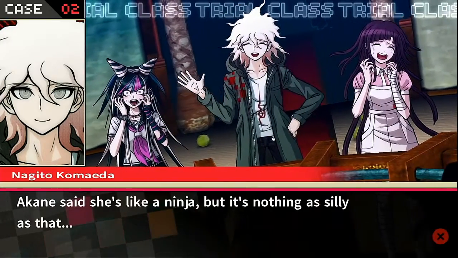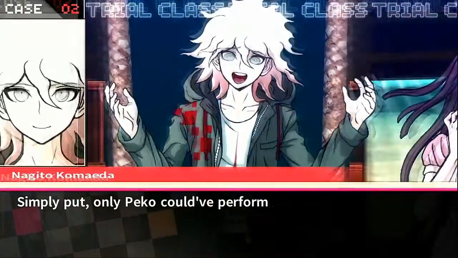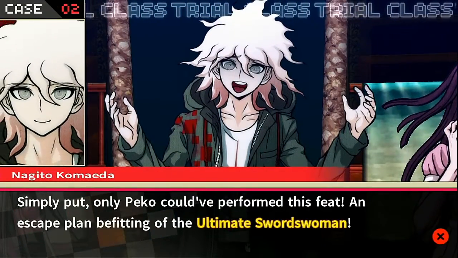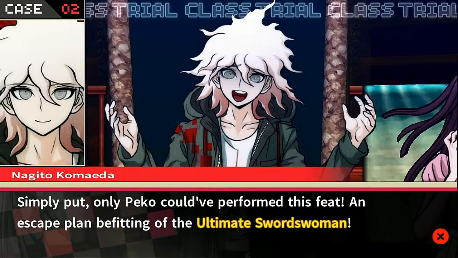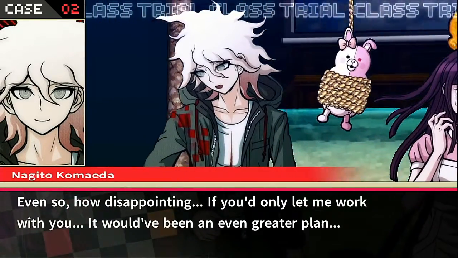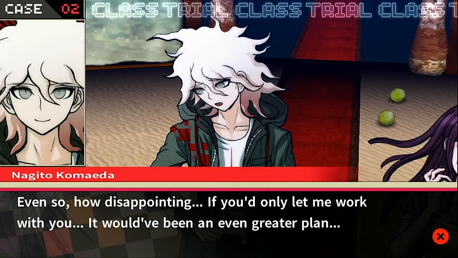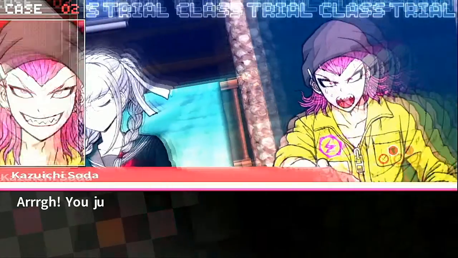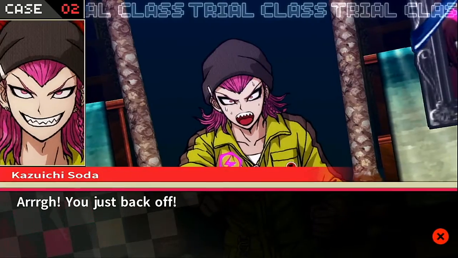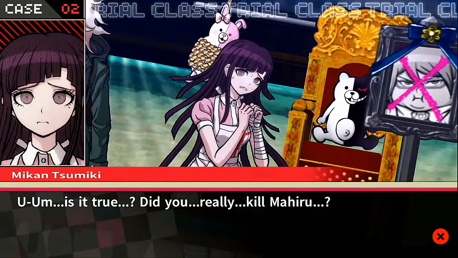Akane said she's like a ninja, but it's nothing as silly as that. Simply put, only Peko could have performed this feat. An escape plan befitting of the ultimate swordswoman. Even so, how disappointing. If you'd only let me work with you, it would have been an even greater plan. No, you just back off! Is it true?